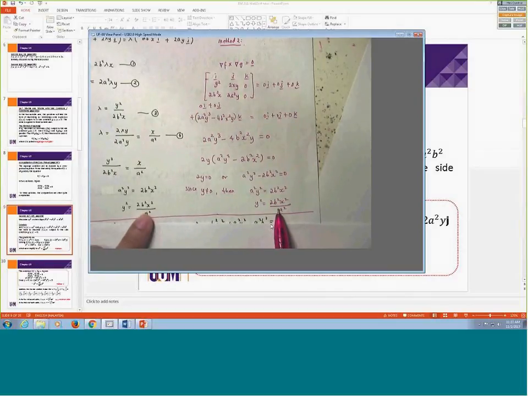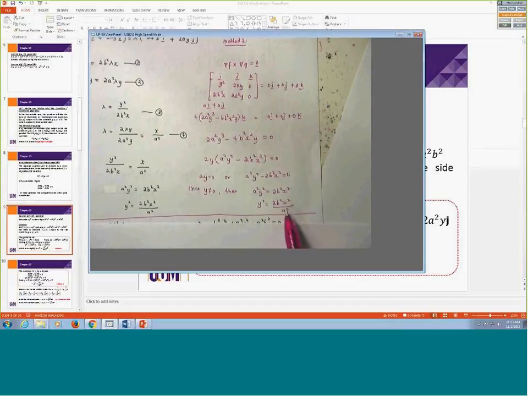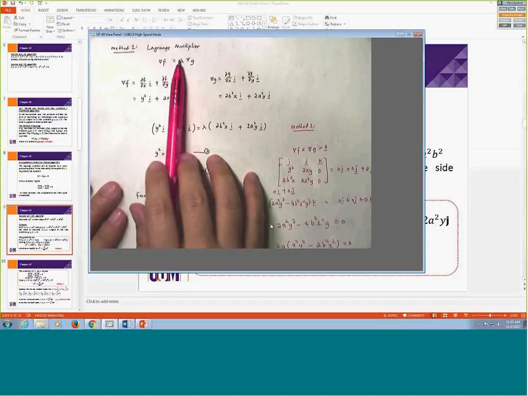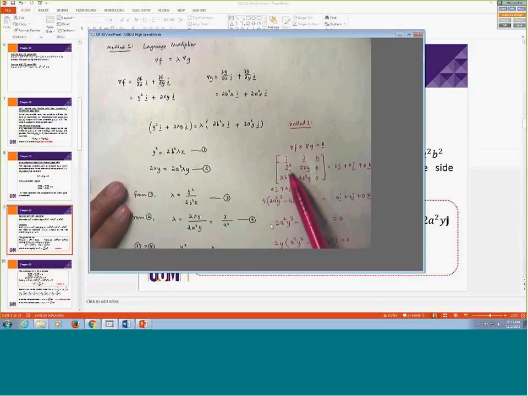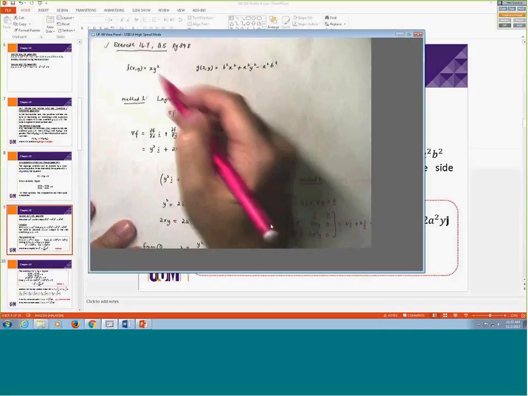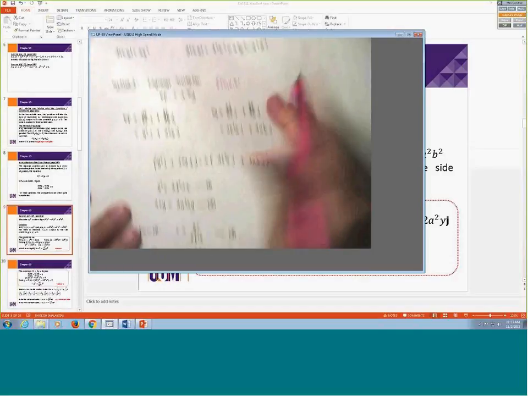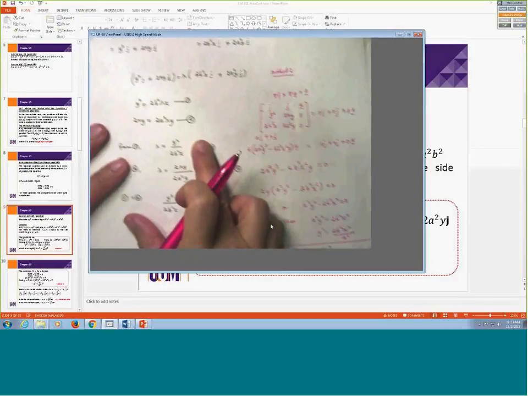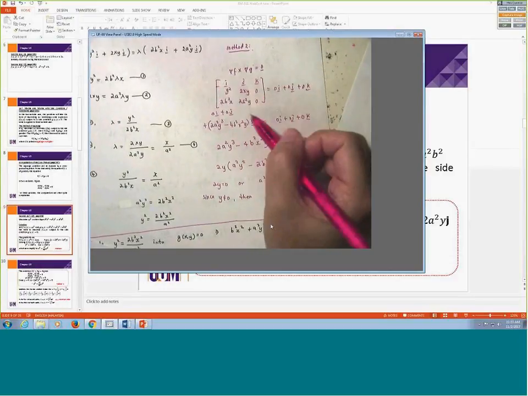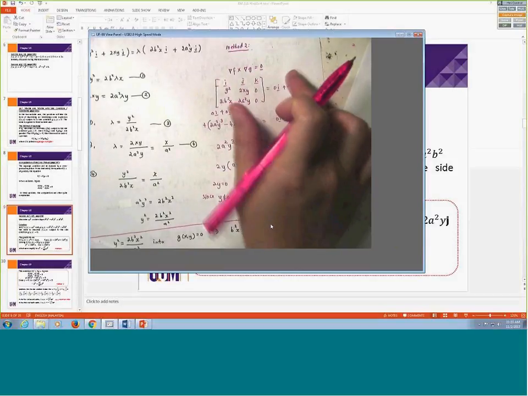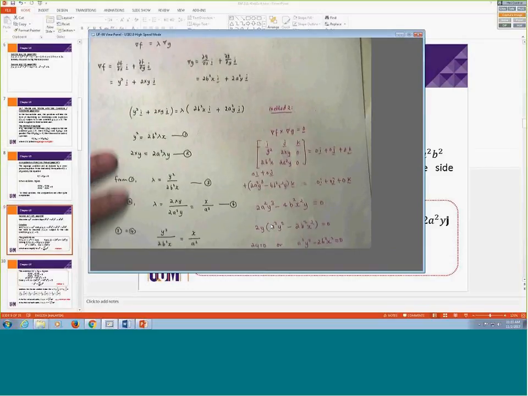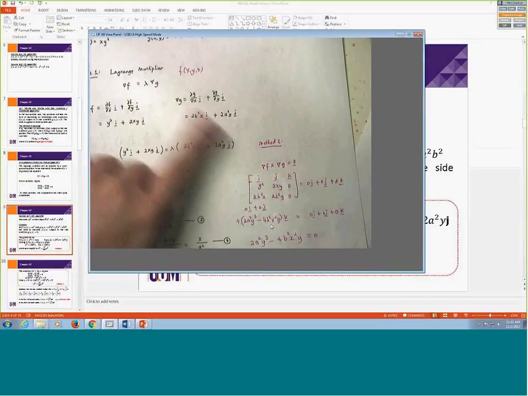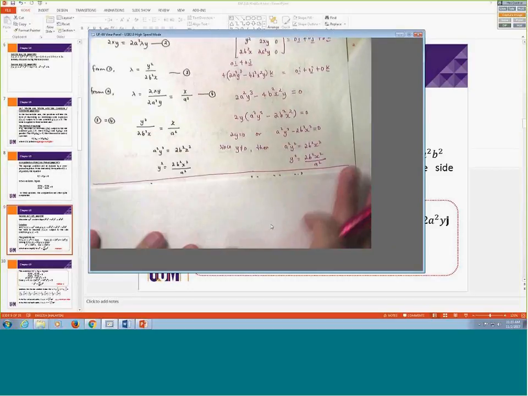But for me, I prefer to use the Lagrange multiplier because it is easier if you have more than one variable. With functions of x, y, z, this method is easier compared to finding the cross product. But you should know that these two methods both result in the same functions here.